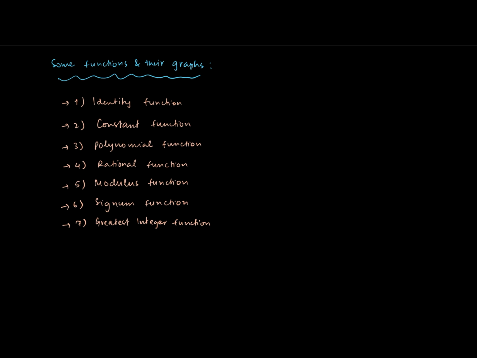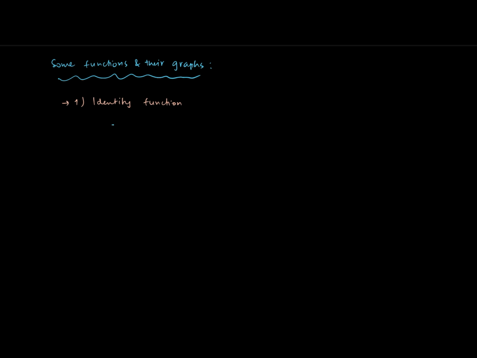Let's go through the first function, that is identity function. A function f from R to R is an identity function defined by y is equal to f of x is equal to x. So it's a function where input and output are always equal.